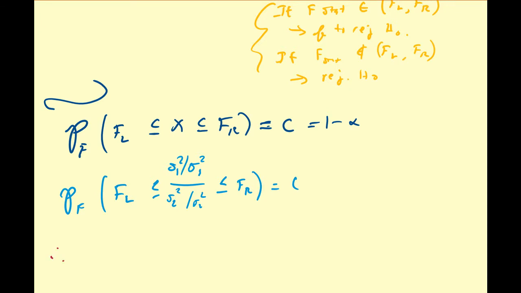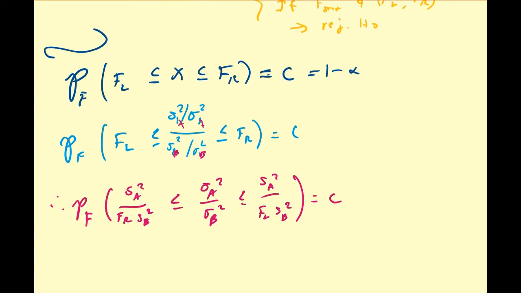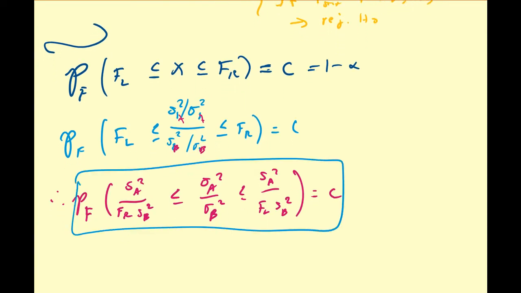Once you play around with this expression, you're going to get that this is equivalent to writing, with A instead of 1 and B instead of 2, S_A squared divided by F_R times S_B squared less than or equal to sigma A squared over sigma B squared less than or equal to S_A squared over F_L times S_B squared, and this is equal to C. So this is your confidence interval for the quotient of variances, sigma A squared over sigma B squared.